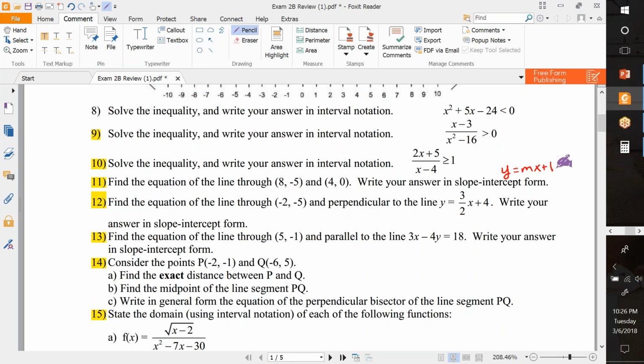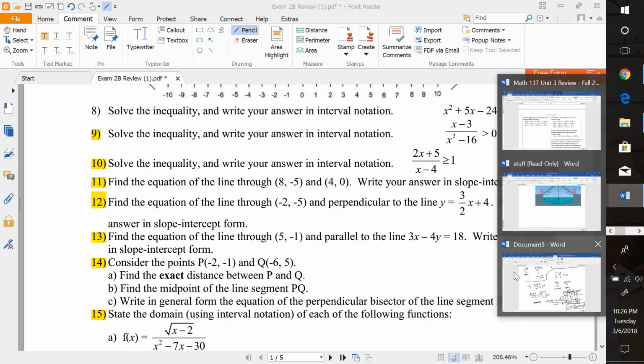So our final format should look like that, where that's the slope and the y-intercept. To be able to do this, you have to find the slope. Anytime you want to write an equation of a line, you need two things. You need the slope and you need a point on your line. We already have a point on our line because we actually have two of them. So we need the slope. So let me copy these points over and we will work them out.